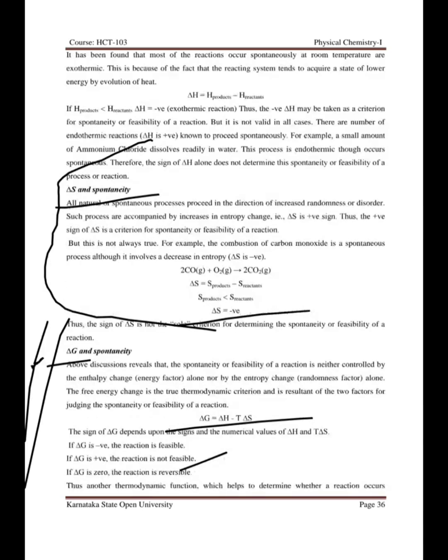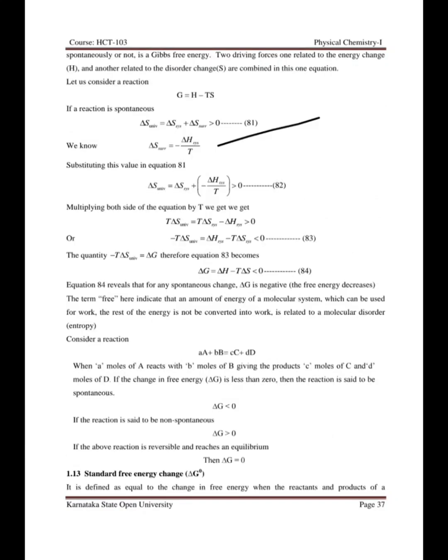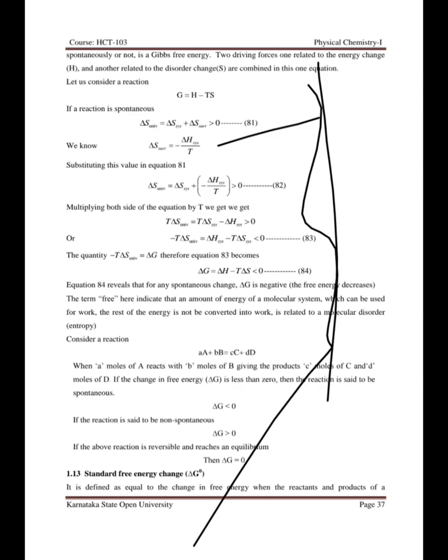In the previous, we have got the spontaneous relation between delta G and spontaneity. We are going to take that equation and substitute. With no mathematical expressions, you can get to know how they are substituted from the previous equation.